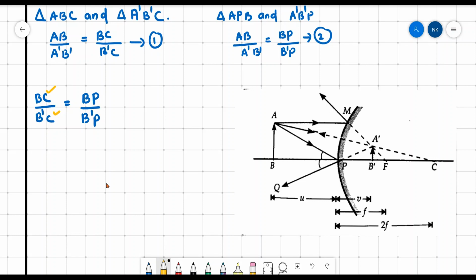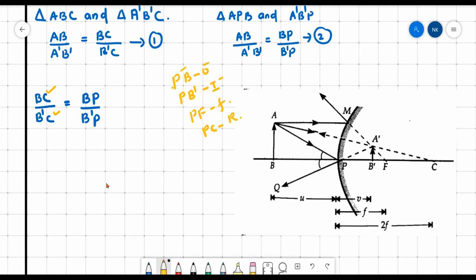Whichever readings do not start from P, like it could be PB, that means object distance, and PB dash, that is image distance. This was object distance, this was image distance. Now PF, focus. PC, radius of curvature.